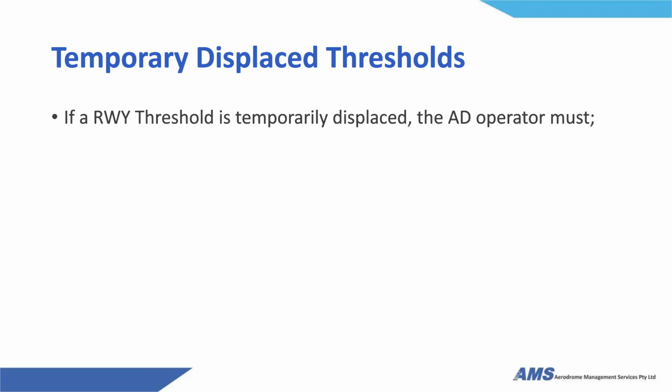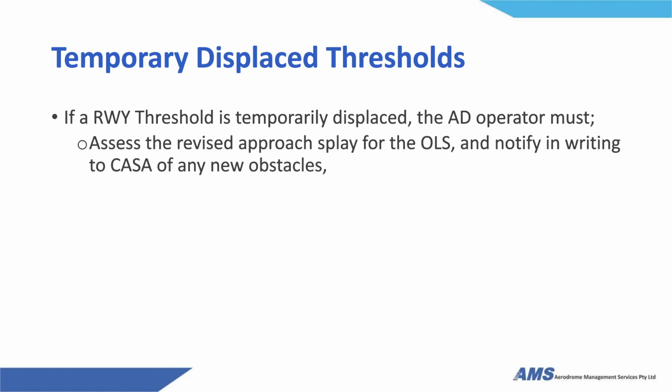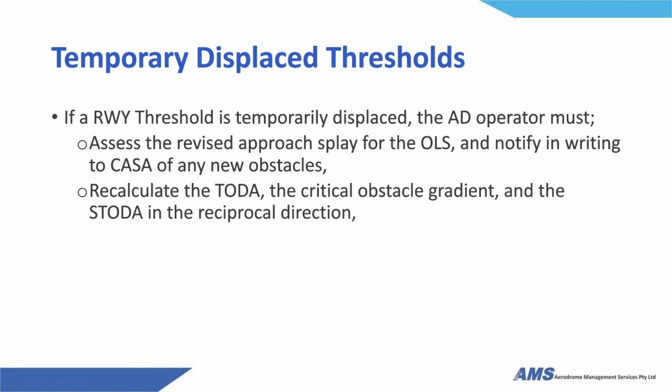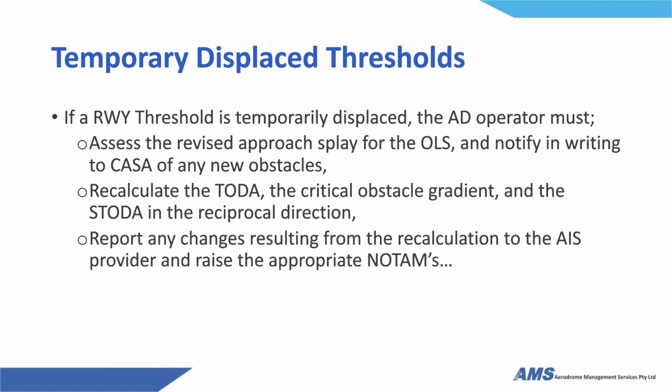If a runway threshold is temporarily displaced, the aerodrome operator must assess the revised approach display for the OLS and notify in writing to CASA of any new obstacles, recalculate the TOTA, the critical obstacle gradient, and the STOTA in the reciprocal direction, and report any changes resulting from the recalculations to the AIS provider and raise the appropriate NOTAMs.